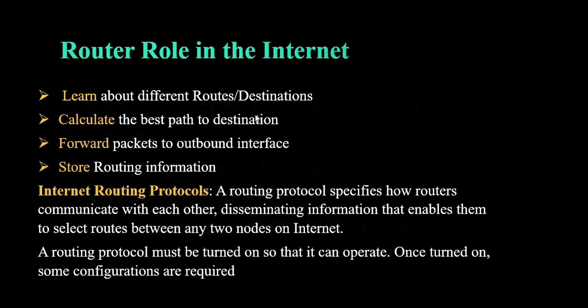Once turned on, some configurations are required. So if you want a certain routing protocol to operate within a network, you are required to configure it. You have to configure that protocol so that it can operate on a specified network.